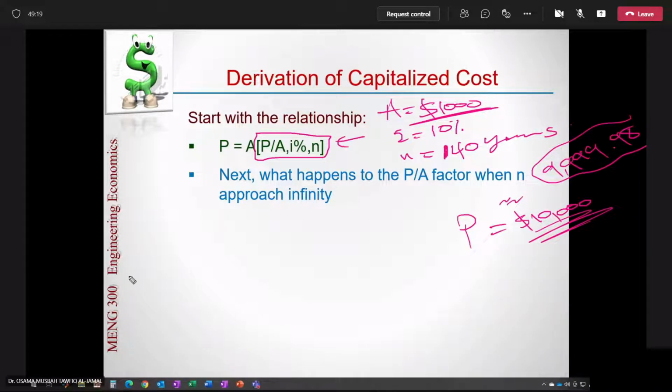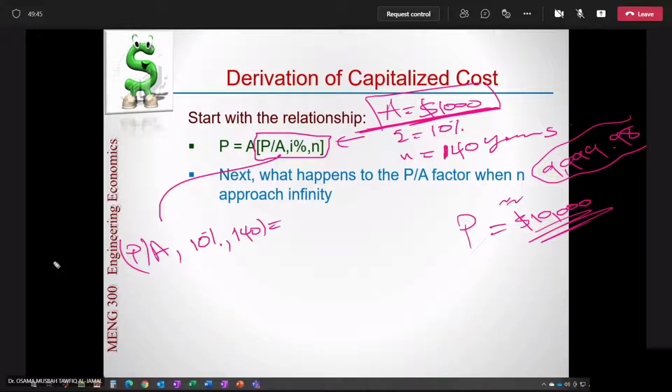Let us do something else. I don't want to use 1,000 now, because later on you need to do a certain type of this calculation. How much will that P be, given A, I which is 10%, N of 140? What is the factor here? How much is that factor? Can you use your calculator to find that factor?